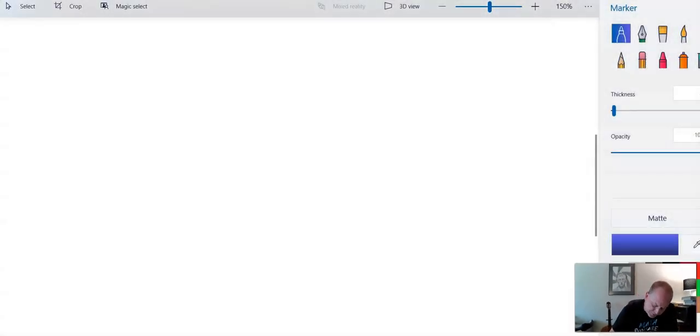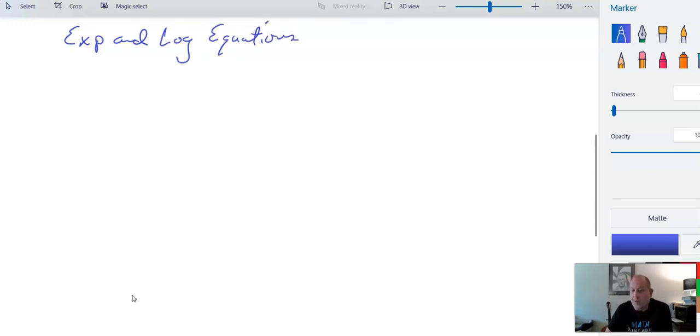So if we're going to solve exponential and logarithmic equations, we rely on a couple of things. First of all, the fact that both exponential functions and logarithmic functions are one-to-one functions gives us the following properties. So this is our one-to-one property. It will make sense when I write it down.